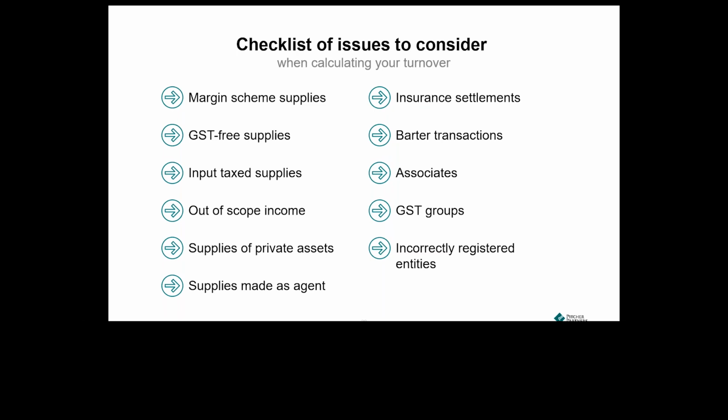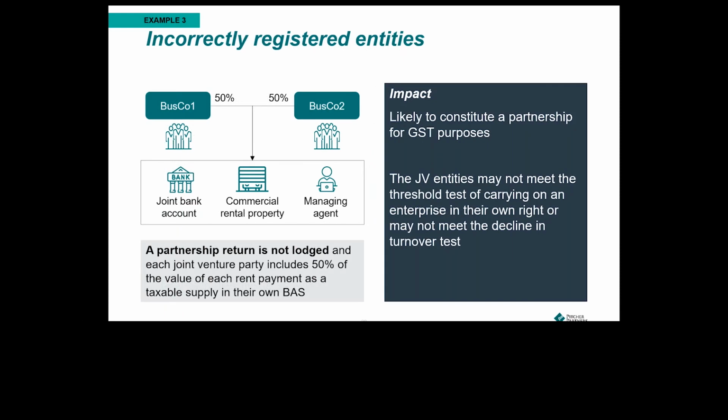And then there's an issue about whether you've actually got the correct entity registered for GST purposes, and that's particularly important where you're part of a partnership or in a trust relationship. To give an example, if we look at these two business companies here that have a 50-50 interest in a commercial rental property and operate a joint bank account between themselves in respect of the income and expenses for that property, and have the same managing agent that manages that property on their behalf.